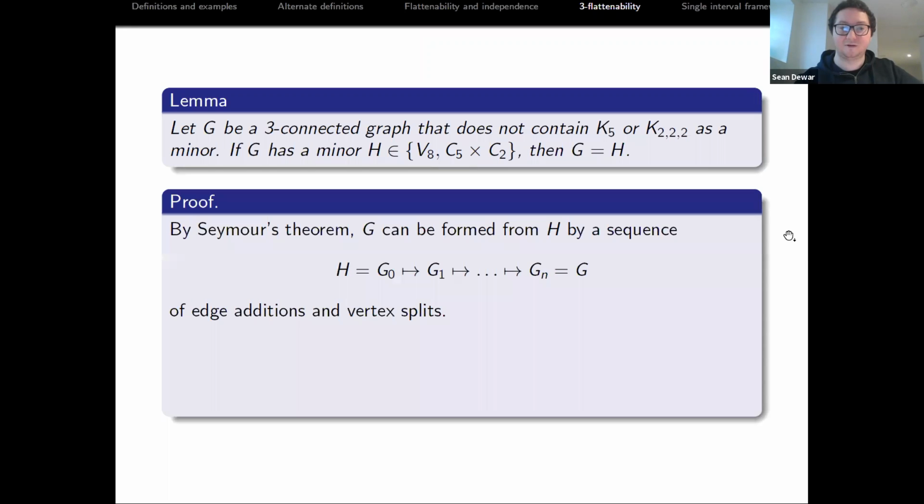Okay. So by Seymour's theorem, G can be formed from H by a sequence like so. We start at G0, we go to G1, G2, so on and so forth, all the way up to G. And the way we do it is every time we're just throwing in an edge or applying a vertex split.